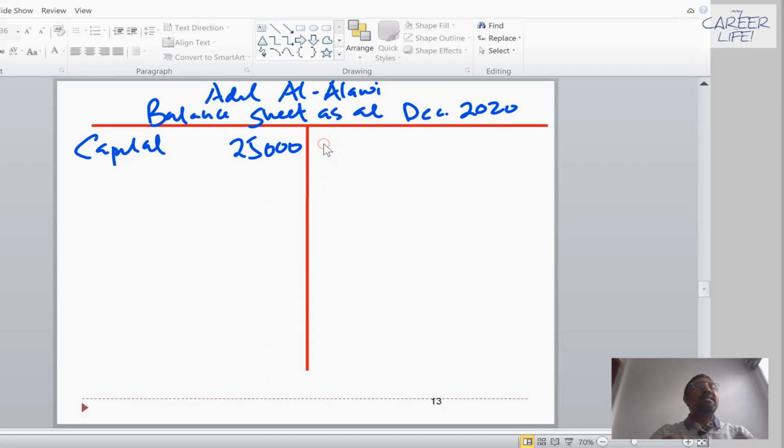So here we are generally looking at just capital and assets. We are not classifying the assets as fixed assets or current assets, nor are we classifying liabilities and current liabilities. This is a session that we are going to do in the next video. So here we have office equipment or machinery, and this was 20,000.